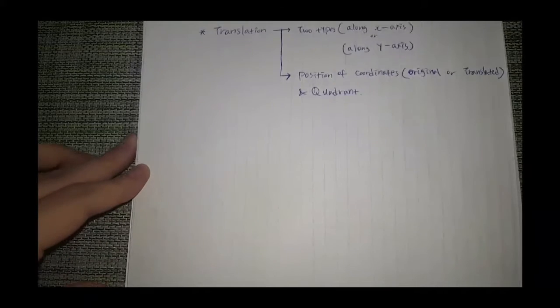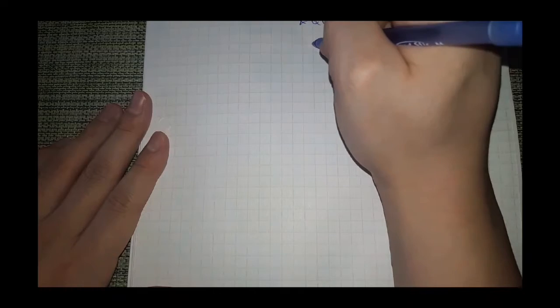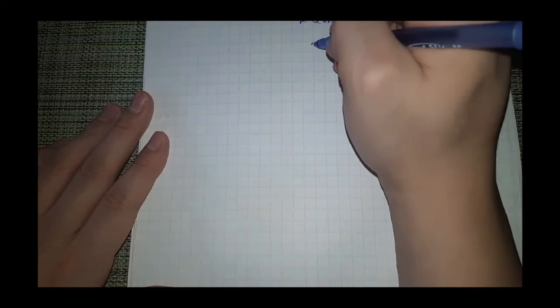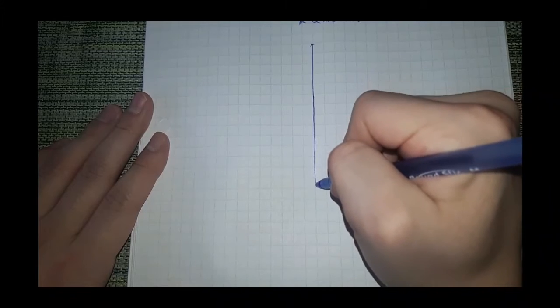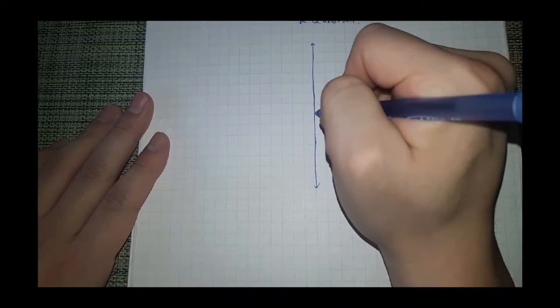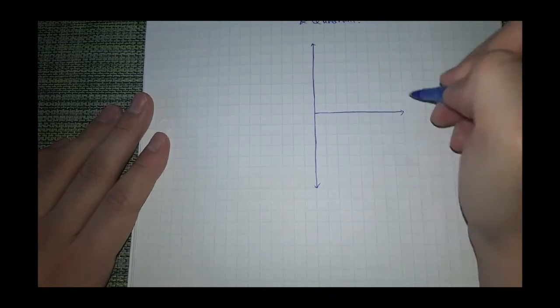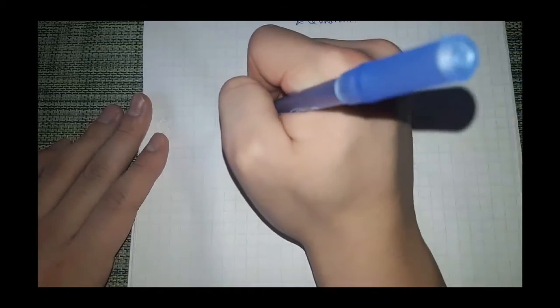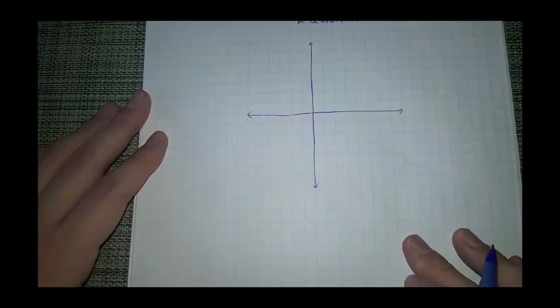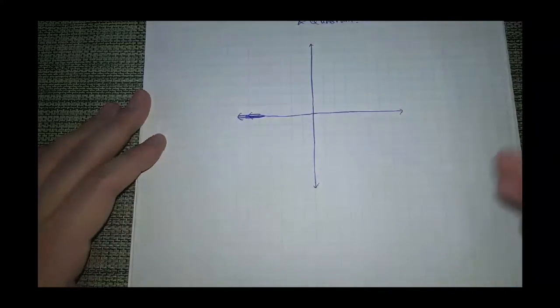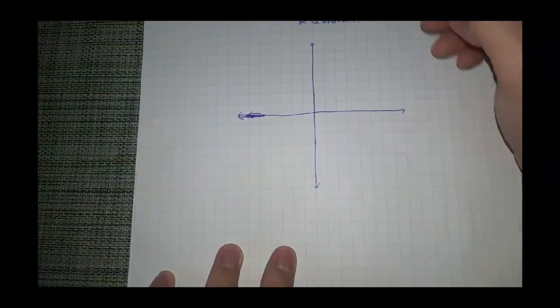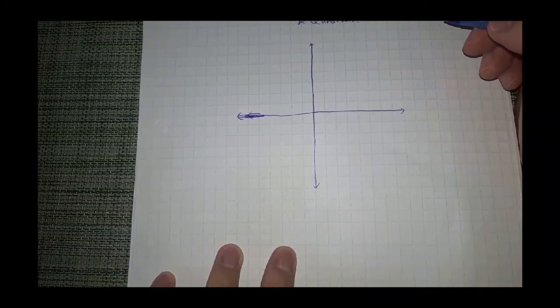Let's go through one example. Before I do, I'd like to create a Cartesian plane. So, let's say we have a figure.